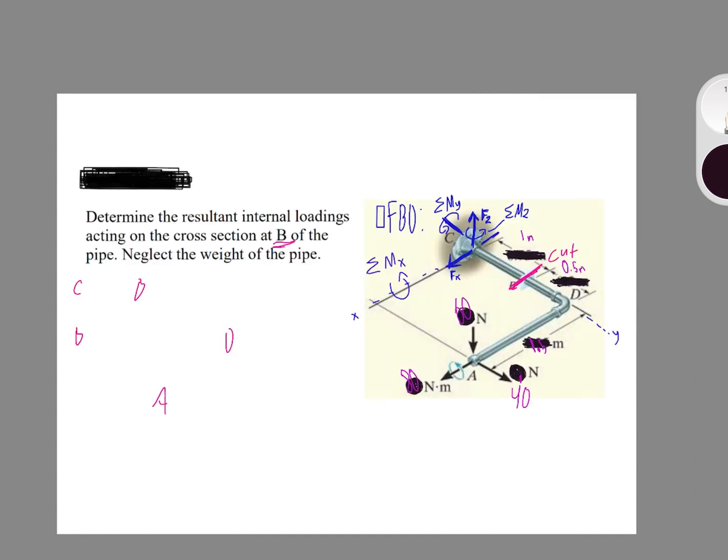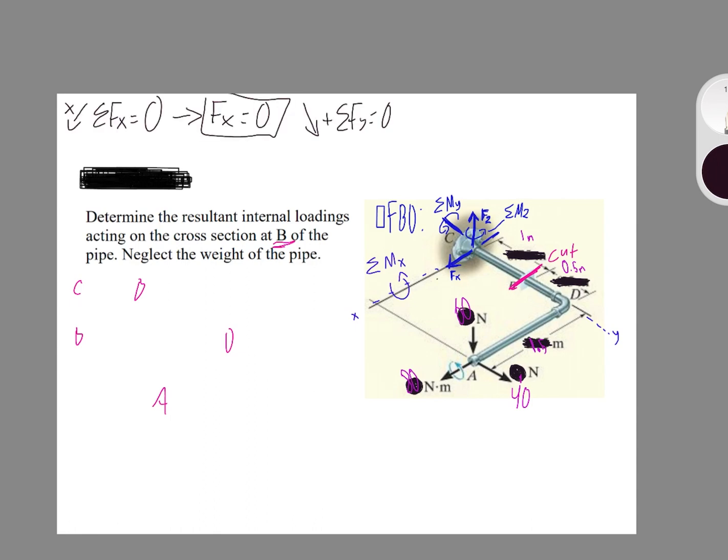Let me put this right here, just to make sure we still have it. In the X direction going this way, if you notice on the beam, that's where it's going.